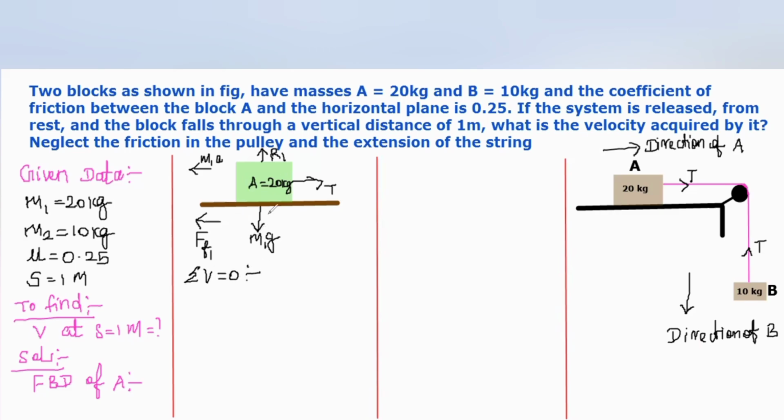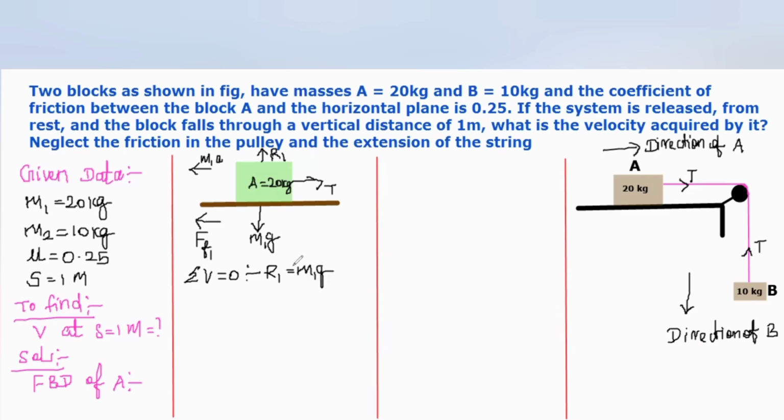Here, there are two vertical forces: R1, the normal reaction force, which is acting upward, and m1g, which is acting exactly downward. These two forces act opposite to each other, so R1 equals m1g.